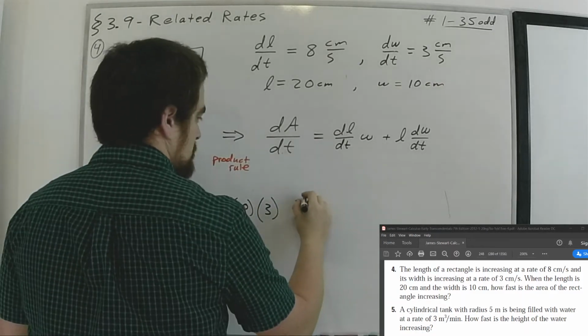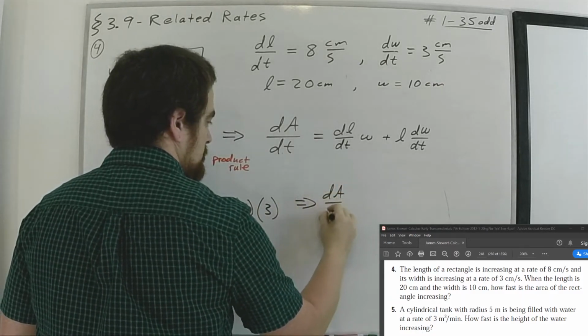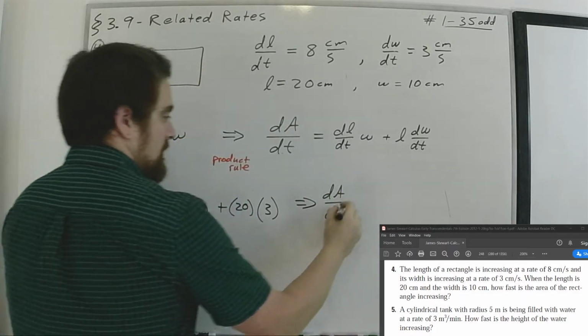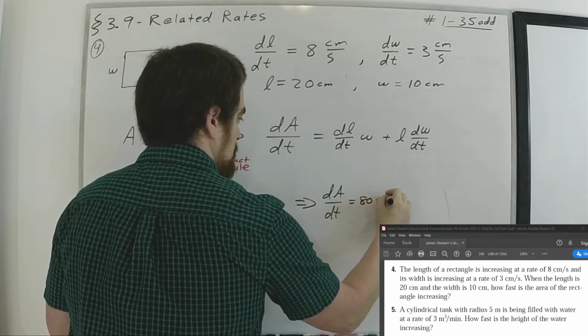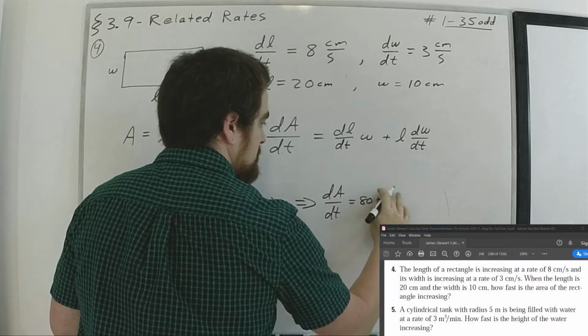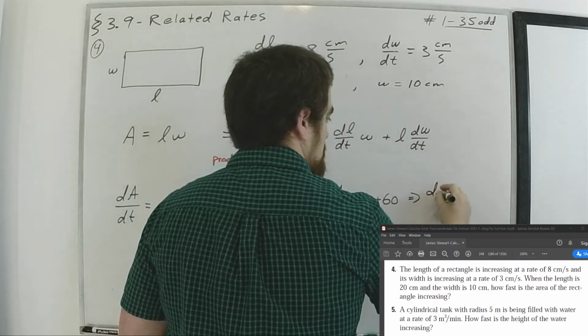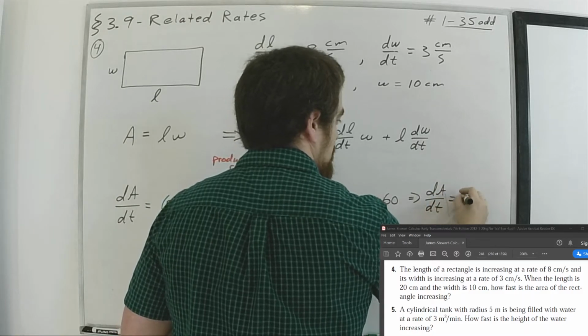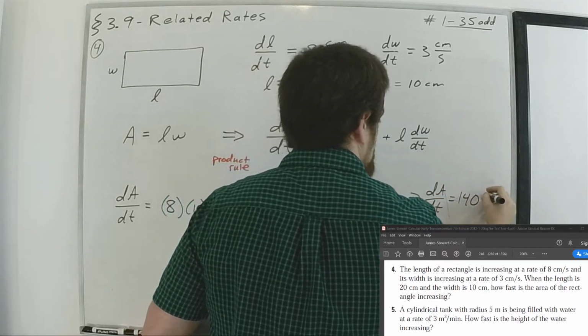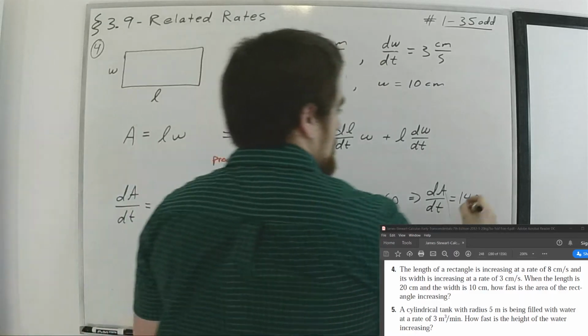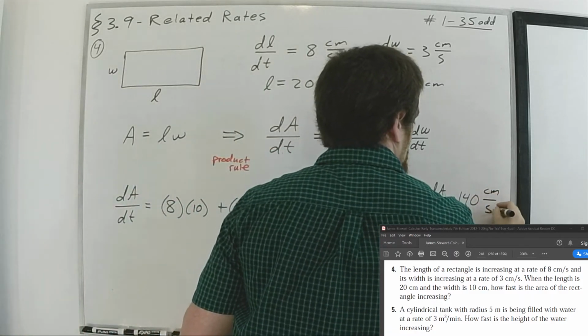So that means dA/dt is going to be 80 plus, sorry, not 40, 60, which tells me that the rate of change of the area with respect to time is 140, and we were dealing with centimeters per second.